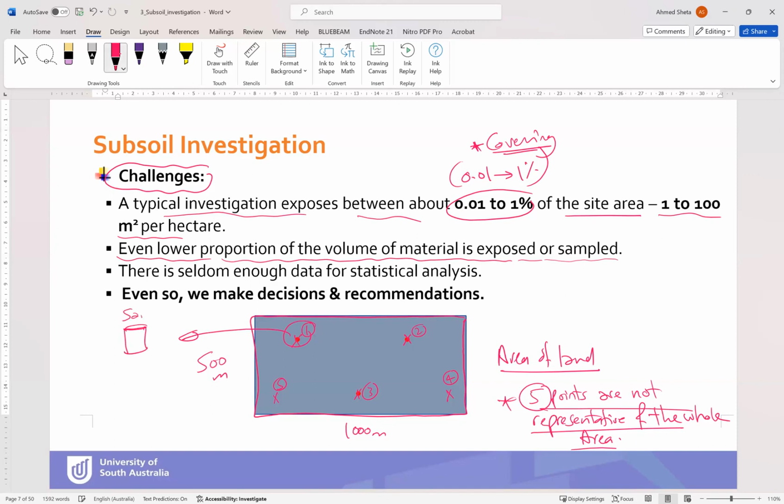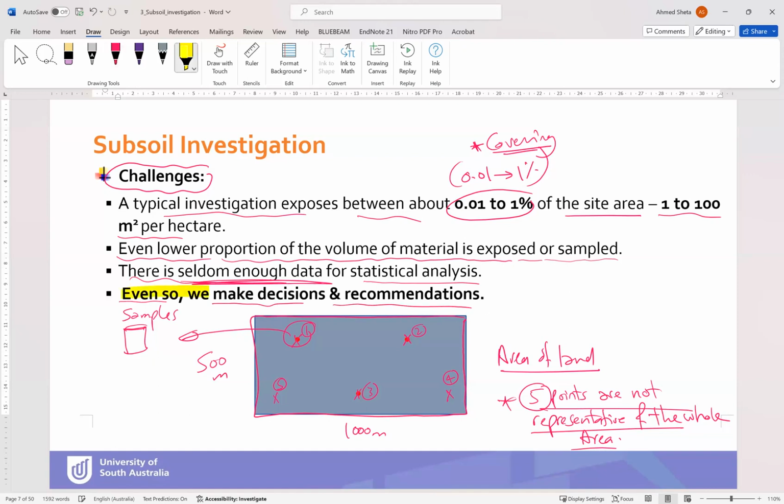These samples are even smaller, so you don't have enough representation of the soil. So we seldom have enough data for statistical analysis. Even so, we have to make the decision and recommendation.